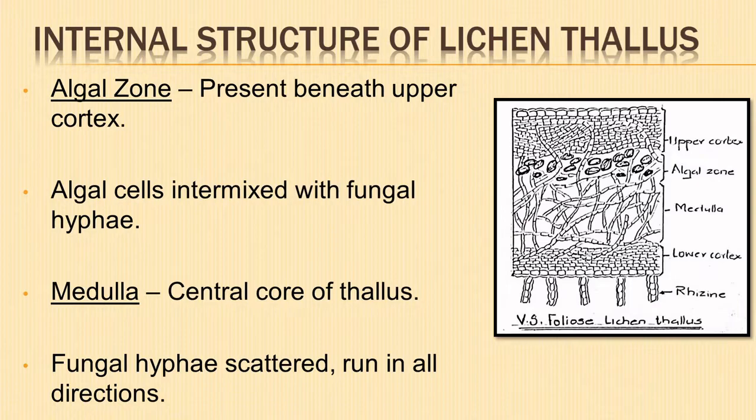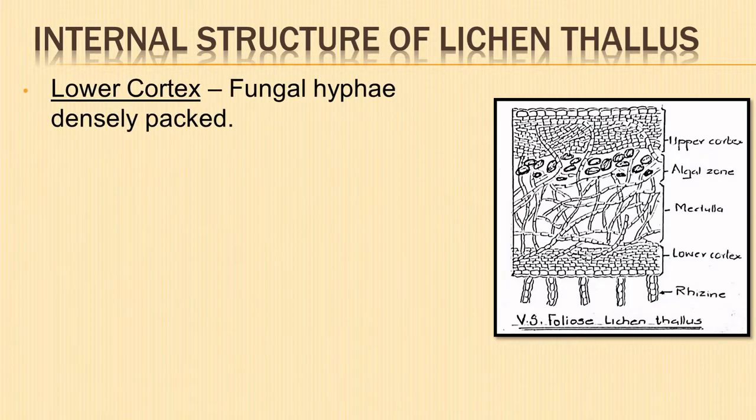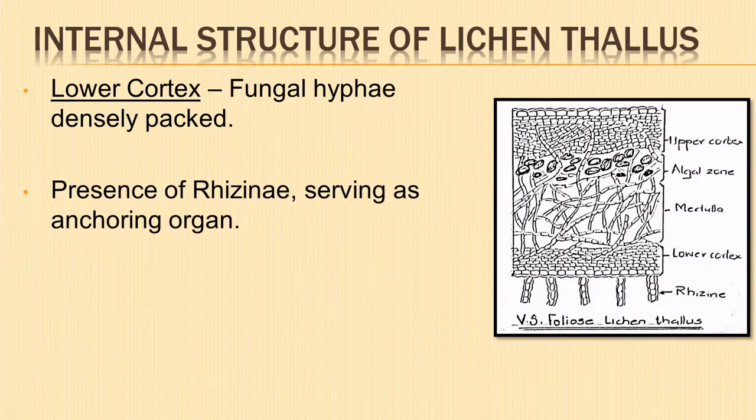They run in all directions. Lower cortex. It is the lower surface of the thallus in which the fungal hyphae are densely packed. Rhizinae arise from this layer and penetrate the substratum to serve as anchoring organ.